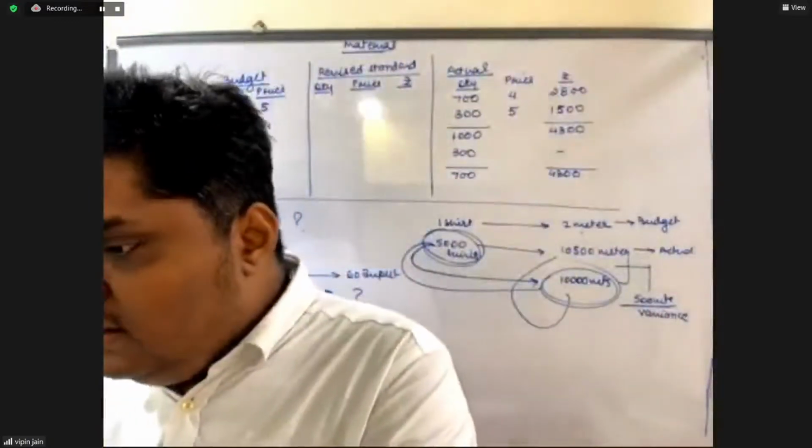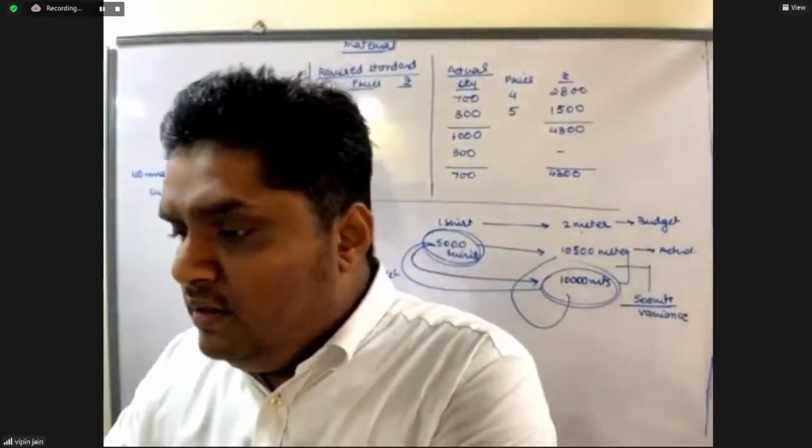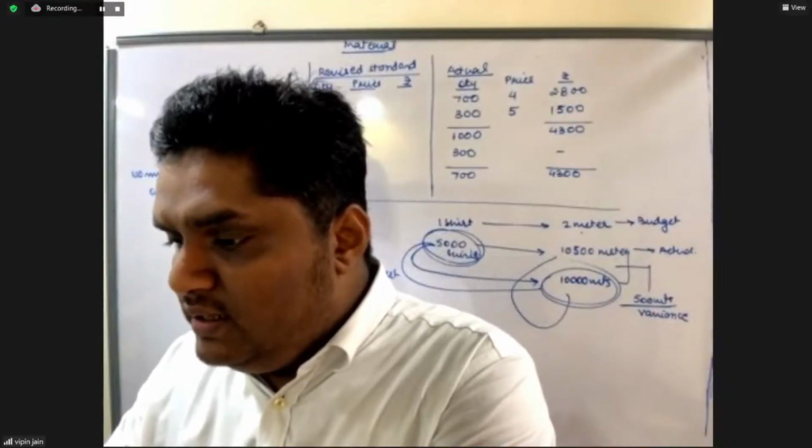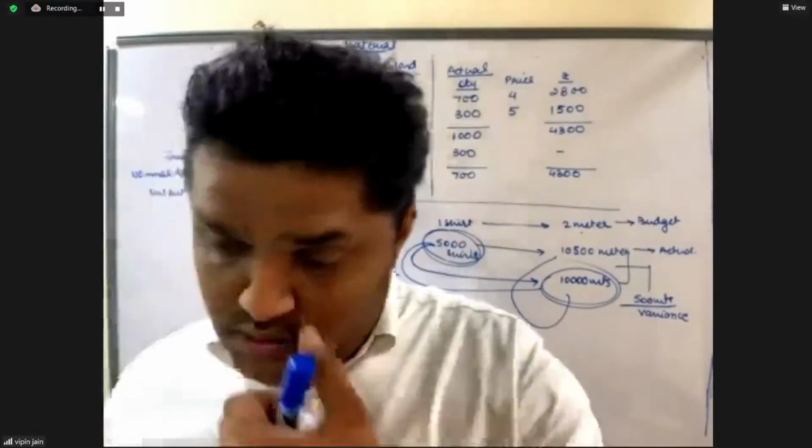Varsha, incorrect answer. Ashwini, correct answer. Vaishali, correct answer. Krishna, incorrect answer. Sushil, correct answer. Very good, Sushil.